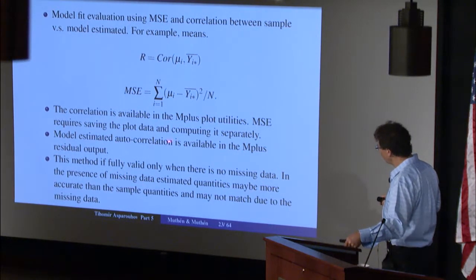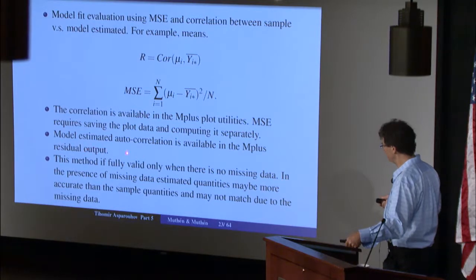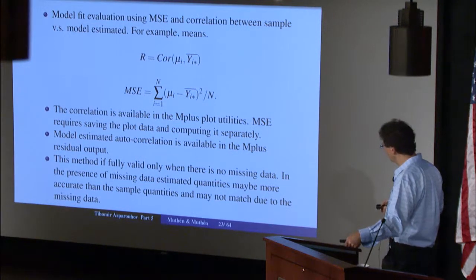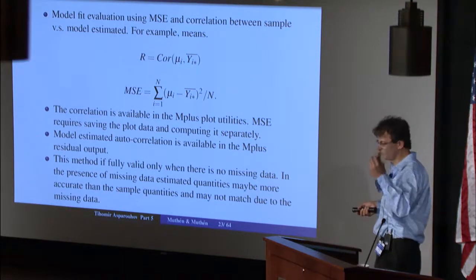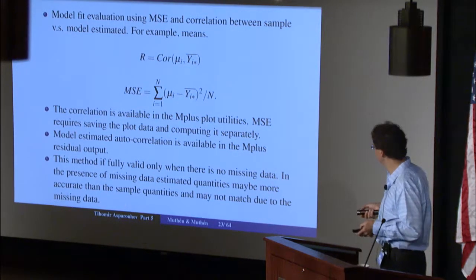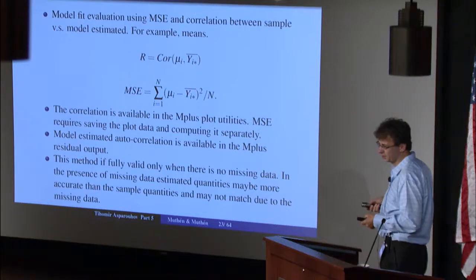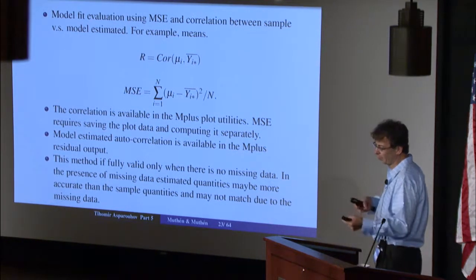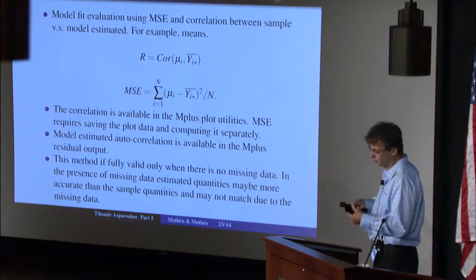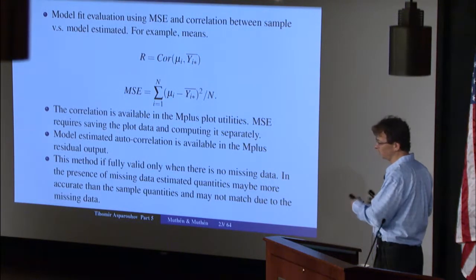Model estimated autocorrelations are also available. They're not available in the plot utilities, but they're available in the residual output. And the other thing to remember here is that sample quantities are not very reliable when you have missing data. The model estimated quantities can actually be accurate, and the sample quantities might not match the estimated quantities just because the data is not missing completely at random.